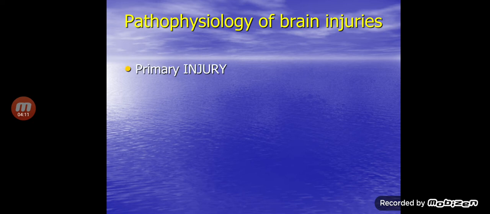In the pathophysiology of brain injuries, we have primary injury, which is defined as the initial damage that occurs immediately as a result of the trauma and may include cerebral contusions, concussions, lacerations, and diffuse axonal injuries.